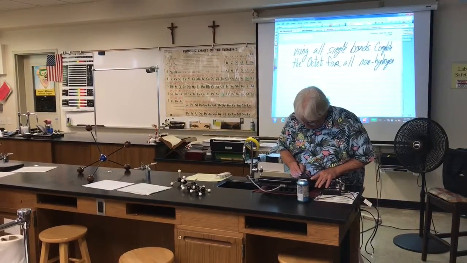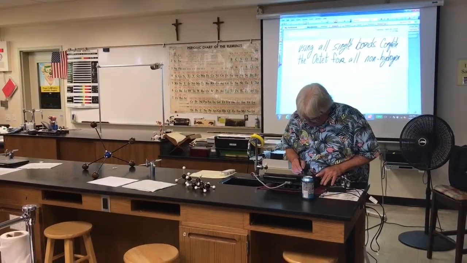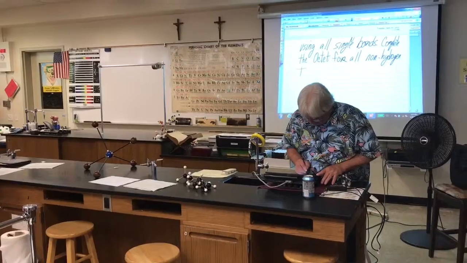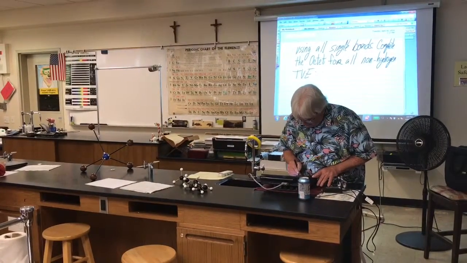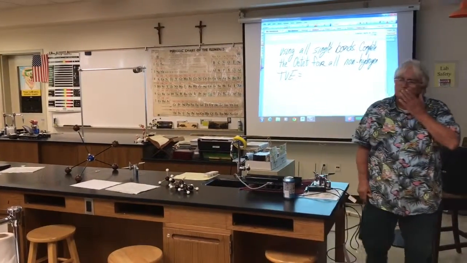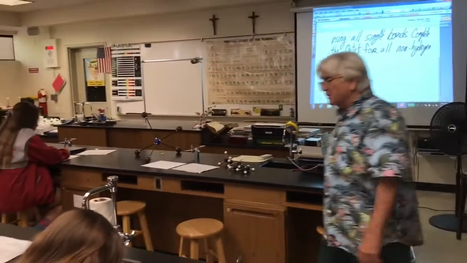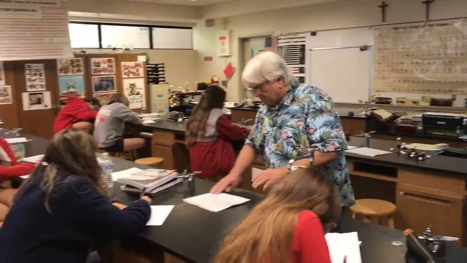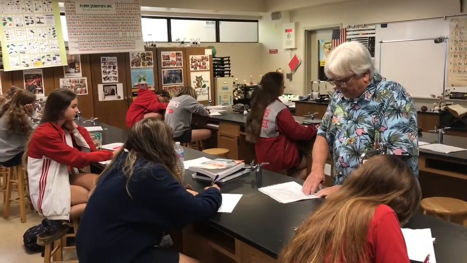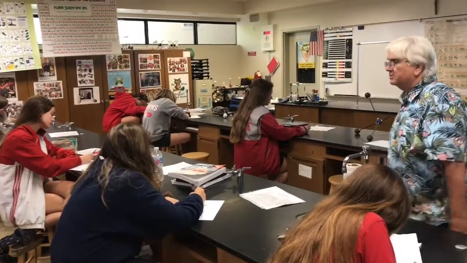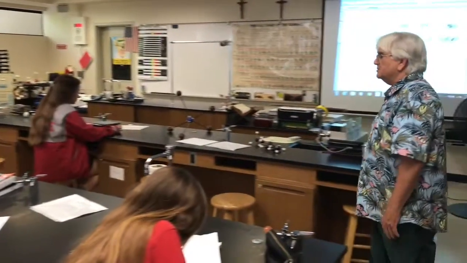Then we compare total valence electrons. And where does total valence electrons come from? From the periodic table. So we use groups 1A, 2A, 3A, 4A, 5A, 6A, and 7A. Those tell us the number of valence electrons in those groups.